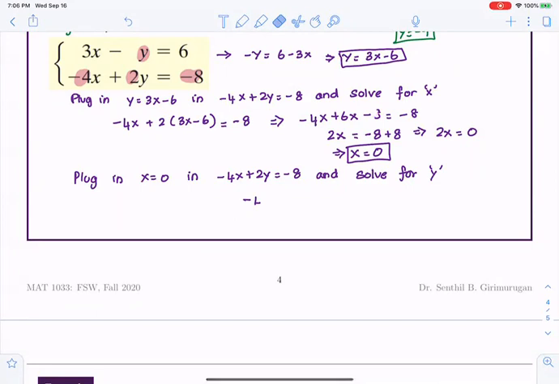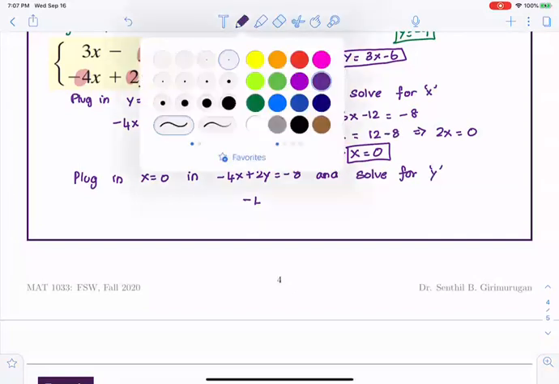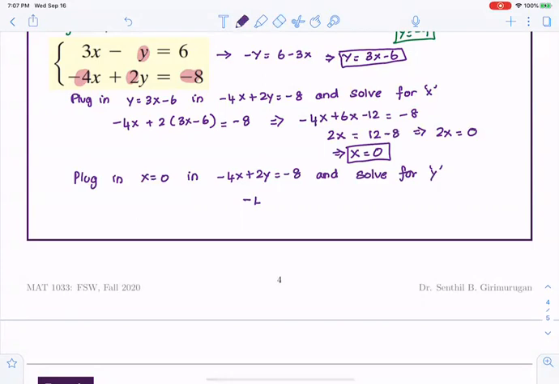Something wasn't right. Okay, so that is minus 12. 2 times negative 6 is negative 12. And when it goes to the other side, it becomes positive 12. And 2x would equal 4, and x should equal 2.